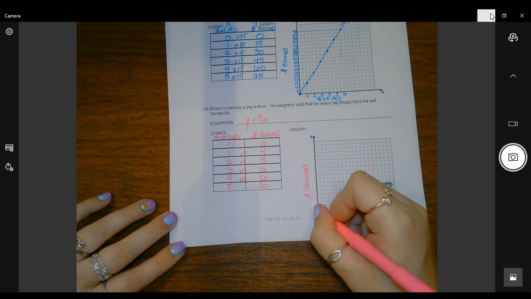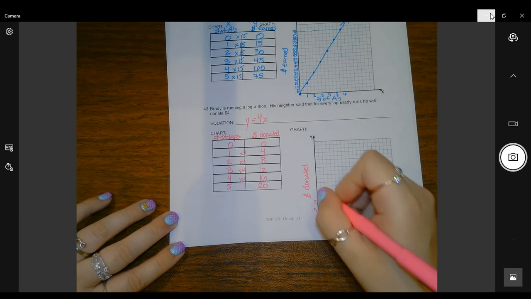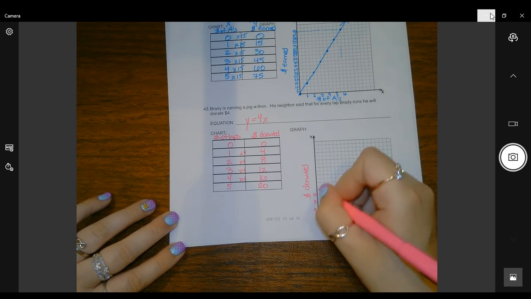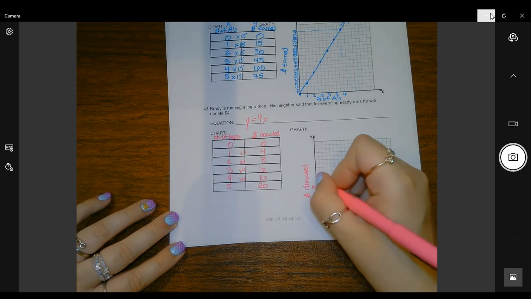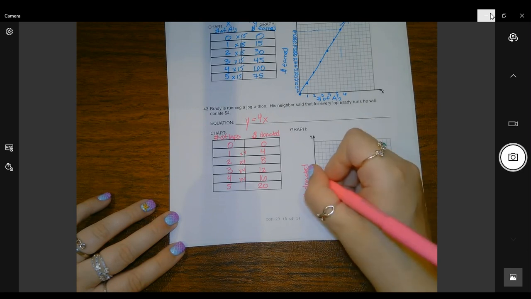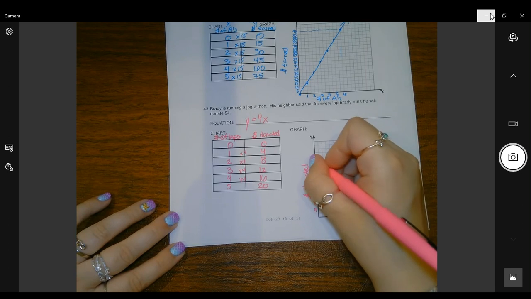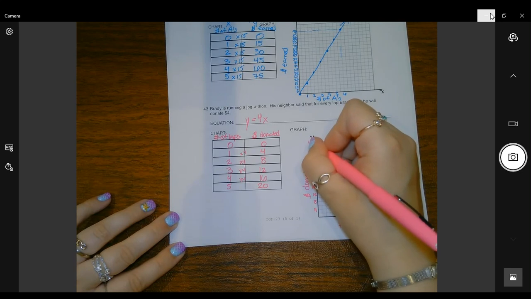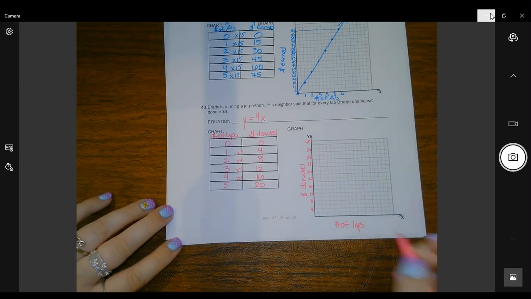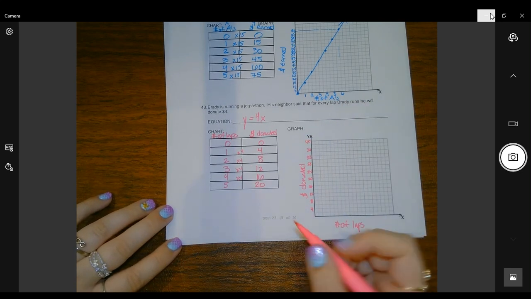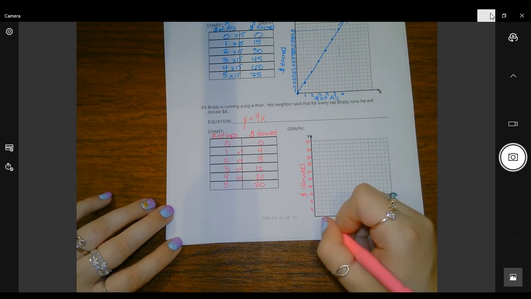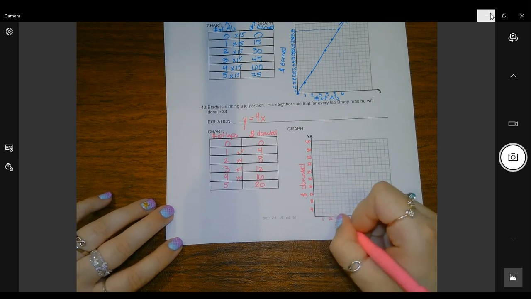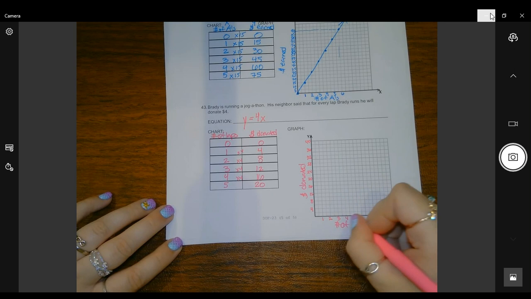So here's 2, 4, 6, 8, 10, 12, 14, 16, 18, 20, 22, 24, 26, 28, 30, 32, 34, 36, 38, and 40. And then for here, we only need to go up to 5, so let's space it out. There's 1, 2, 3, 4, 5, and let's go one more, 6.